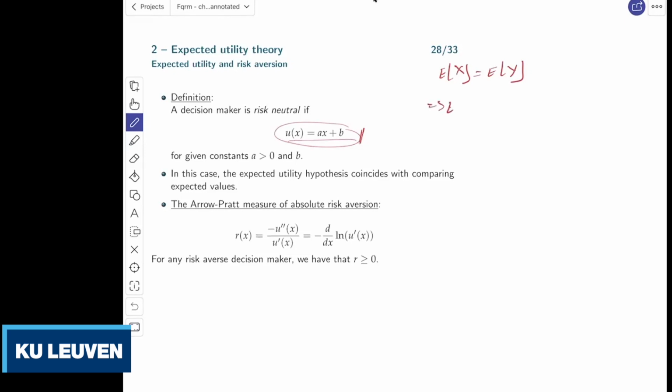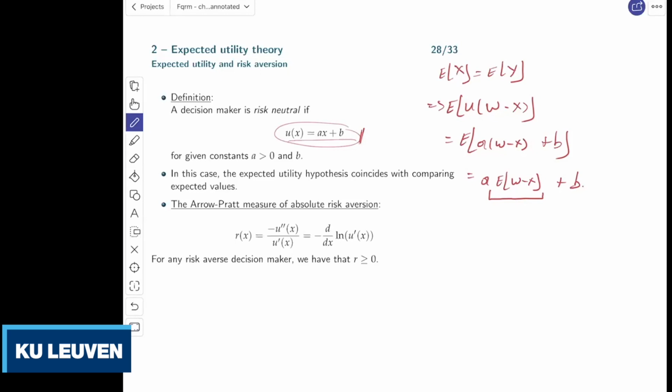Then if you look at the expected utility, where you own w and you're facing, for example, the loss x, so you subtract x, I can write this as the expectation of a times (w minus x) plus b. If you use the linearity of expectation, you get a times the expectation of (w minus x) plus b.